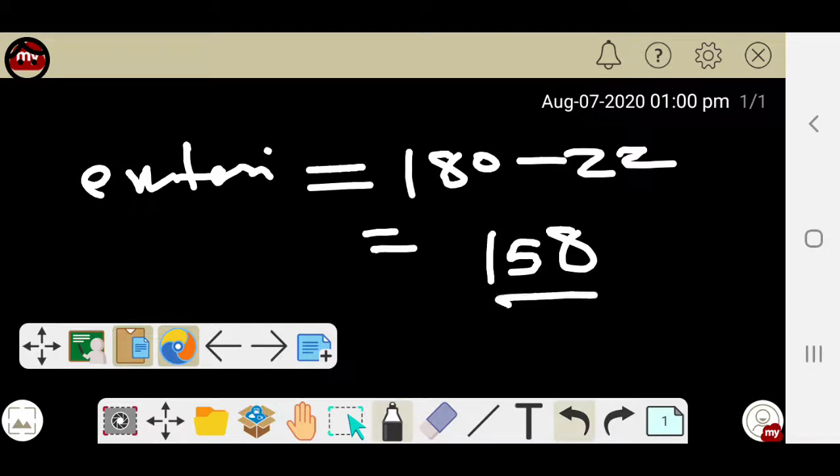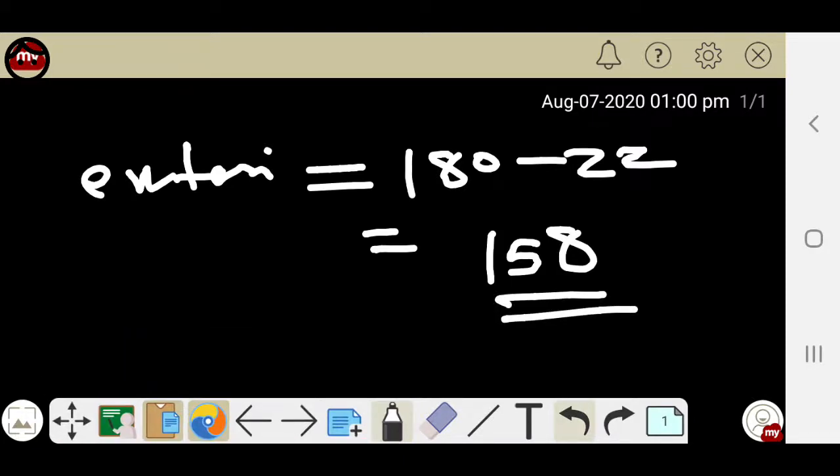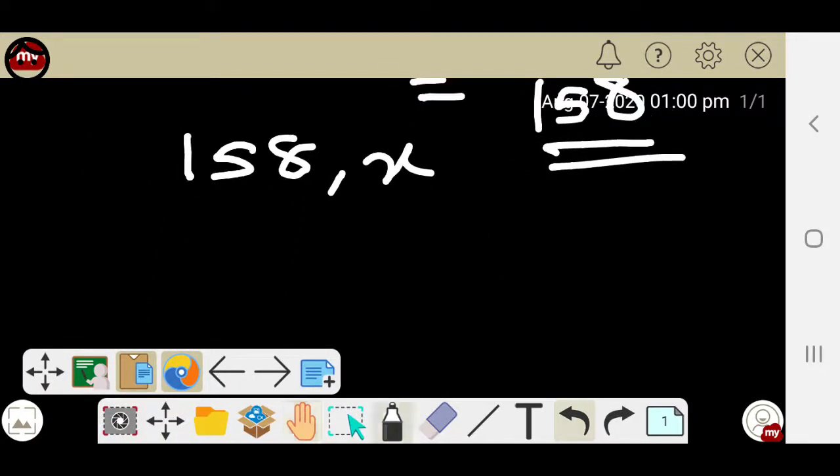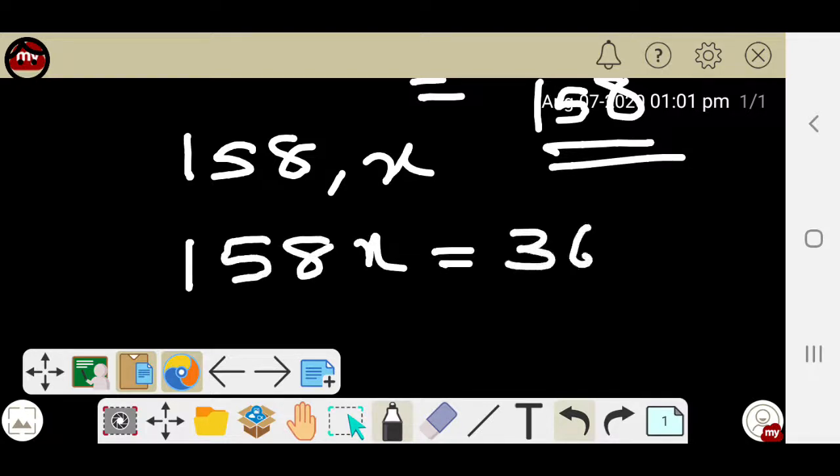Yes, then use the same concept. If the measure of one exterior angle is 158 and there are x angles, what is the total sum? 158x equals 360.